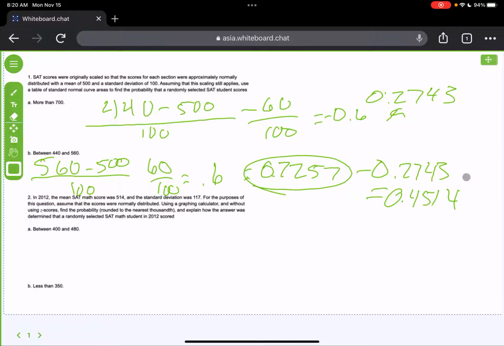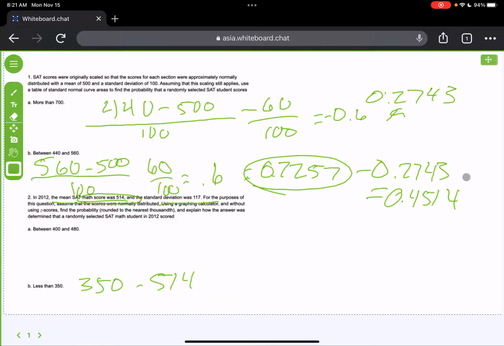Now, for 2, you should be able to do the exact same thing. The only difference is for B, it's less than 350. Okay? Which is perfect because our z-score chart tells us the probability of everything less than that z-score. So all we have to do is find that z-score, find the probability, and we're done. So let's do B right quick for number 2. That is 350 minus, let's find the mean. The mean was 514 here.